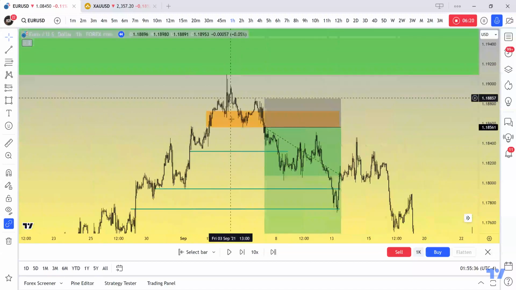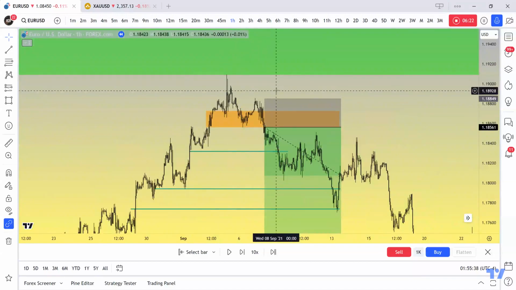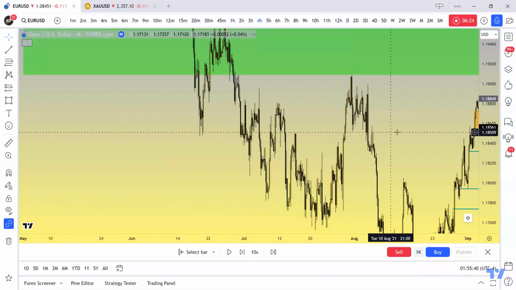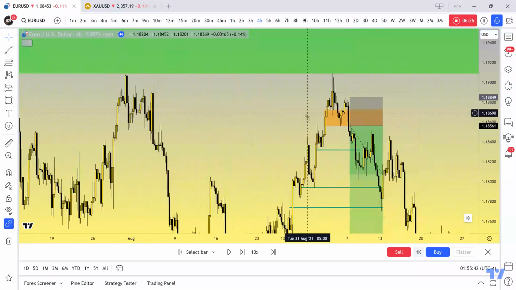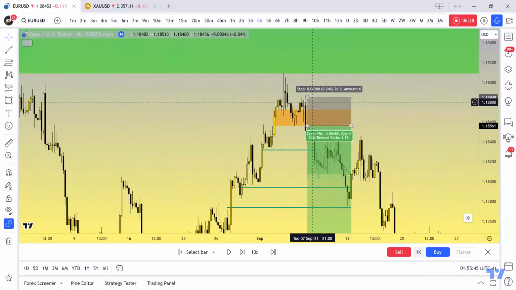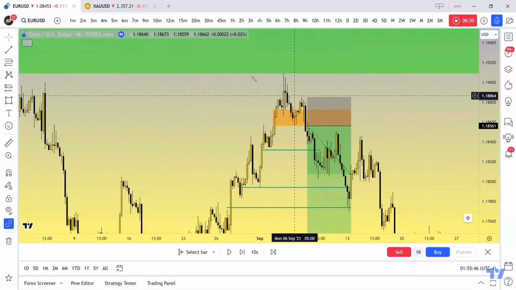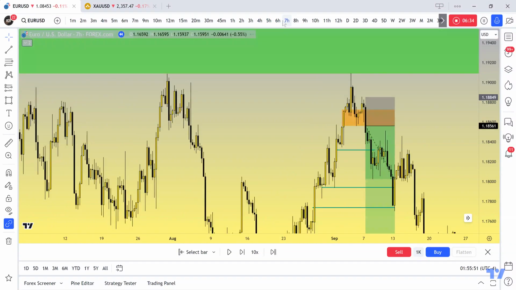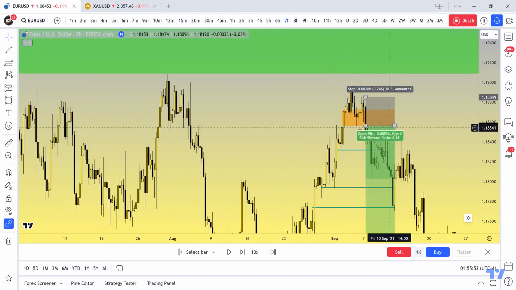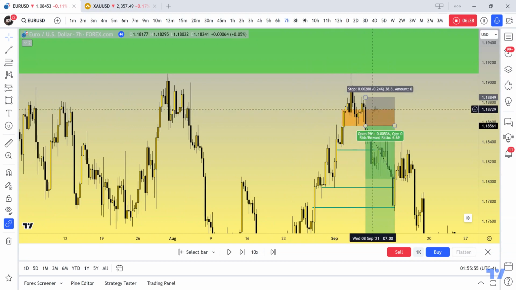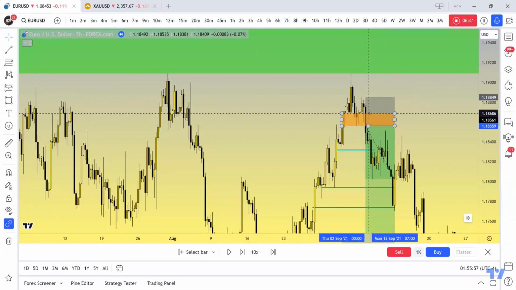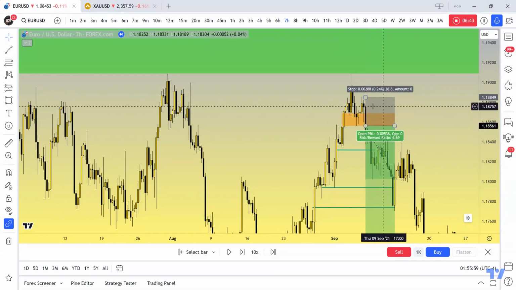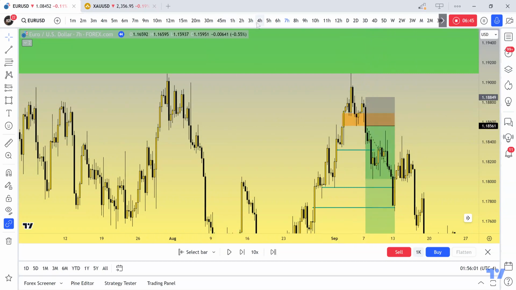We chopped around back and forth, and what I was looking at was this 4-hour gap here. Okay, we can refine it. There's probably a gap here on maybe the 5 or 6 hour, 7 hour maybe. Yeah, there's a 7-hour gap here. On the 7-hour, we didn't come into there, but we were looking on the 4-hour.